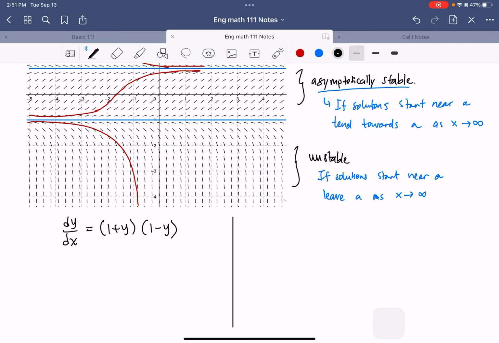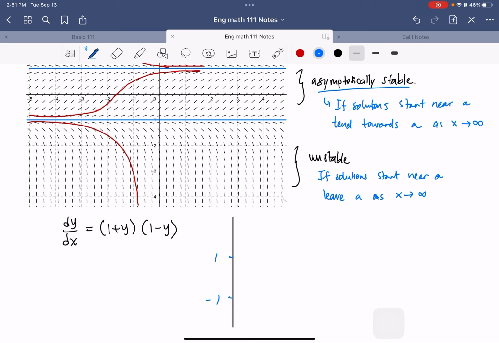So let's start with the critical points. The critical points are 1 and negative 1 here, right? What we are going to do is check a number in between, up here, and down here, and plug into the equation, and see whether it's negative or positive.